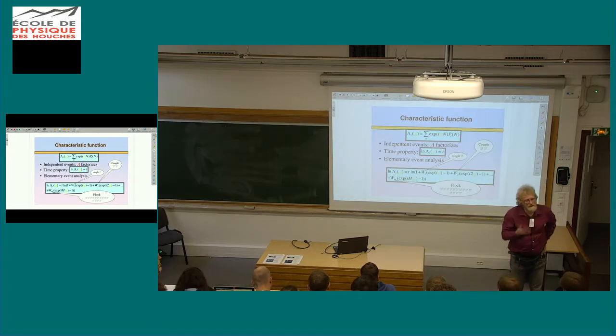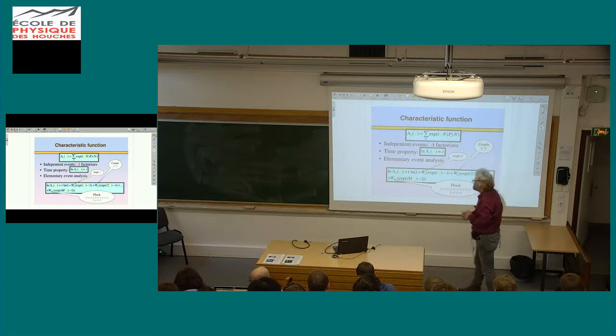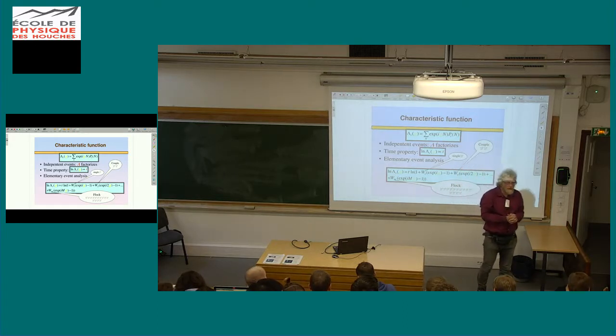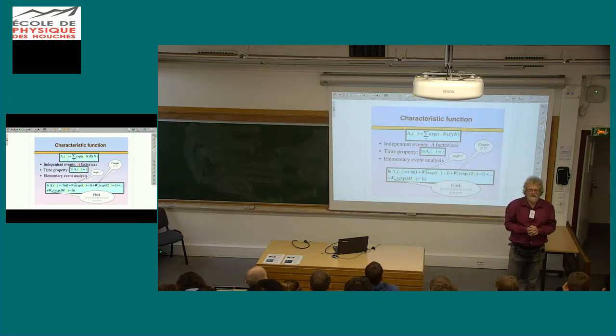It's handy and usually discussed in a probability course because derivatives of this characteristic function with respect to chi eventually give you moments. Average value, second cumulant, which is noise, third cumulant, like this. So it's a representation of the probability distribution. Another use, which is important for me, is that the characteristic function factorizes for independent events.